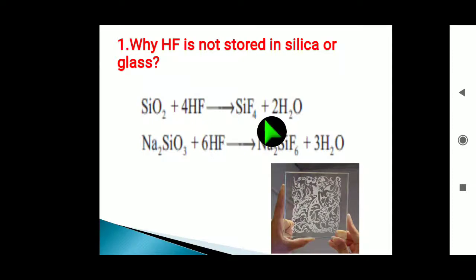On the right side, fluorine is 4, so make it 4 on the left, 4 HF. After writing that, 4 hydrogens are present, so make it 4 on the right side, 2 H2 means 4.